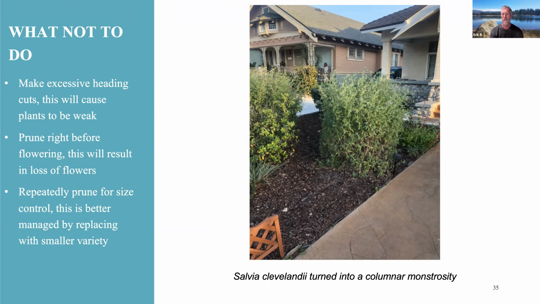I don't know. It'd be interesting to see how this thing grows out. If I were shearing this plant, I would have just made a nice ball out of it and tried to rejuvenate it that way. I want to see what happens with this.